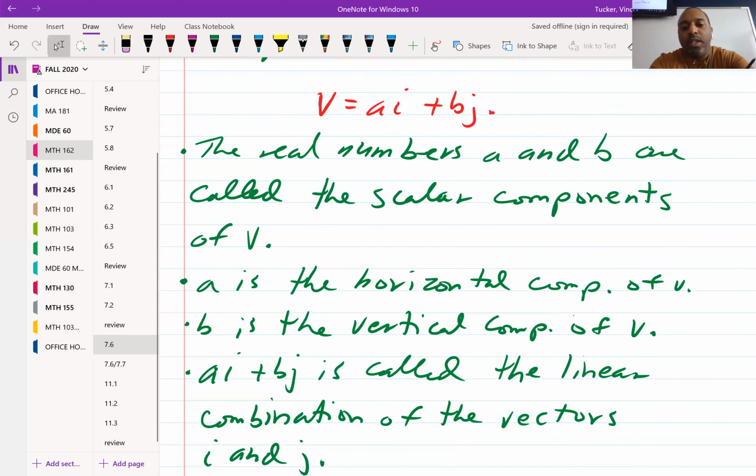AI plus BJ is called the linear combination of the vectors I and J.